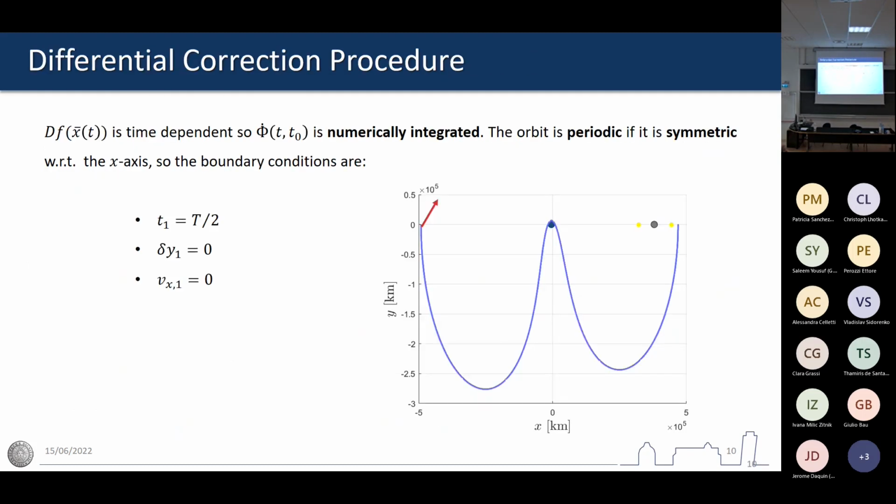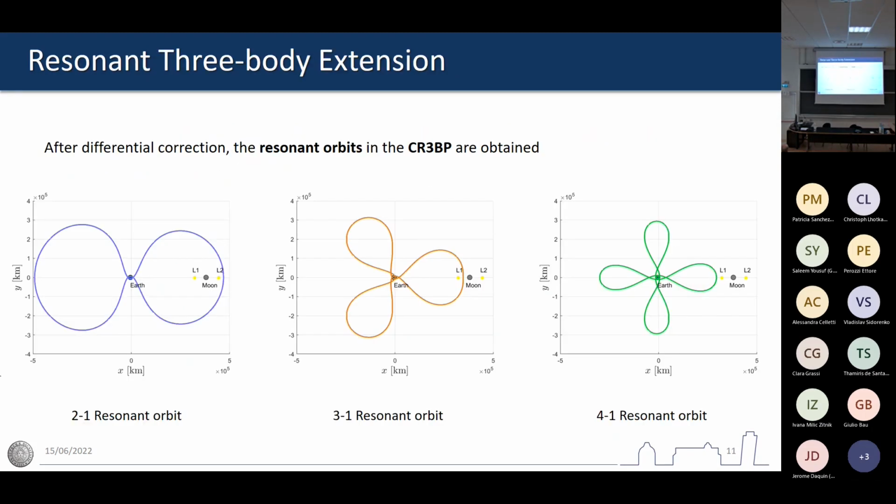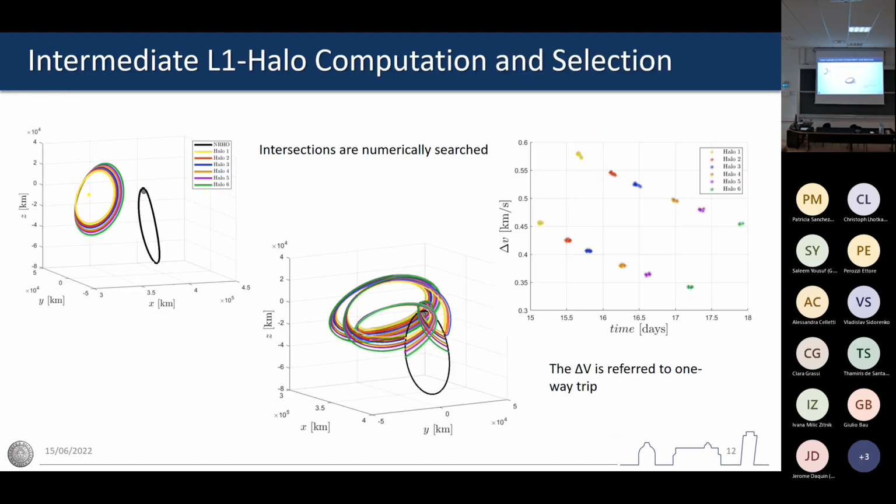And so the following step was to perform a numerical differential correction, taking advantage of the symmetry of the proposed resonant orbits, to get the orbits in the circular restricted three-body problem framework. So these are three proposed resonant orbits for the back and forth from the Earth to the Moon and the other way around.